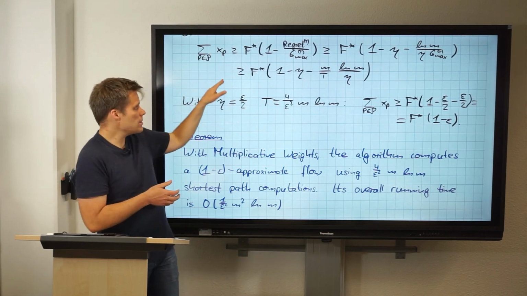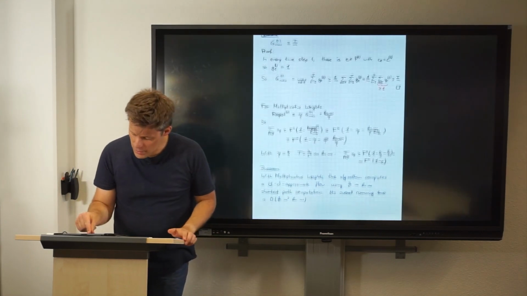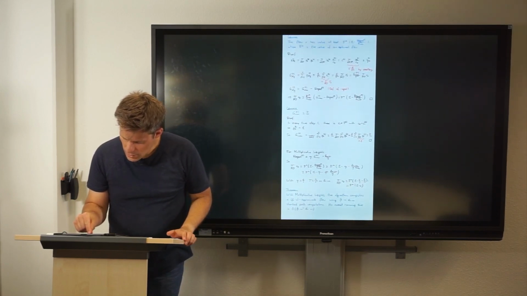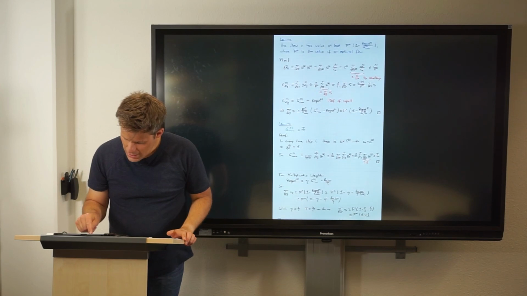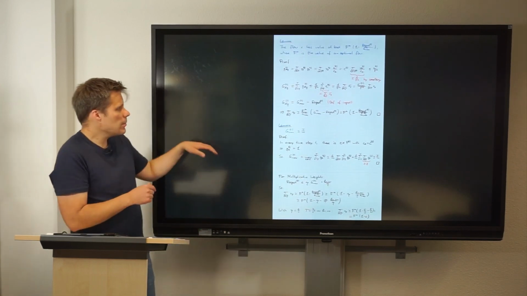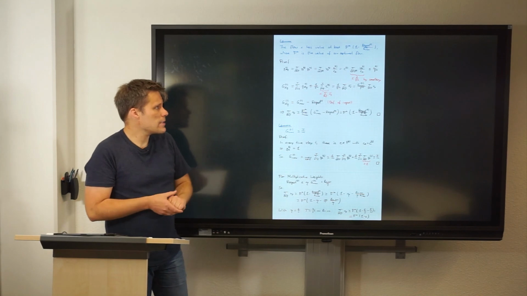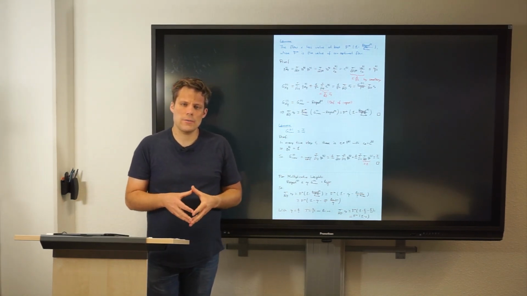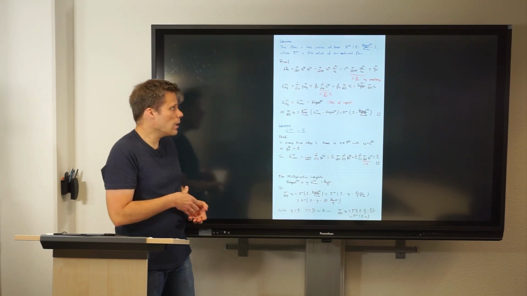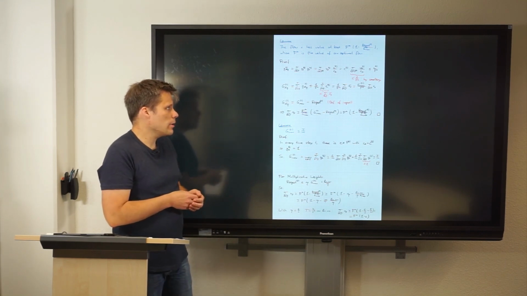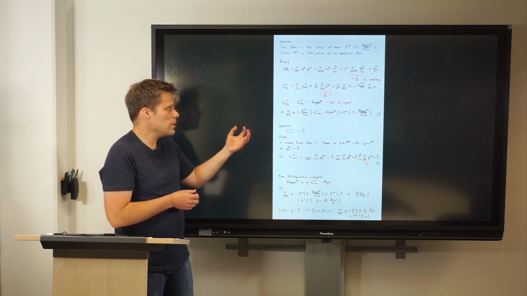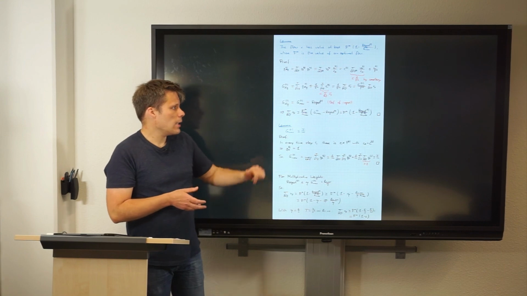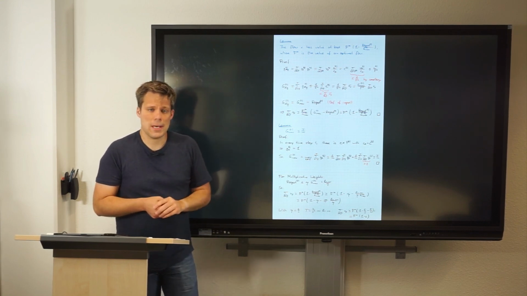And where did this guarantee come from? Well, let's zoom out a bit. This guarantee was coming from originally this lemma, which showed us a lower bound for the value of our flow that we're computing here, where we were using this corollary, and the fact that we were computing a shortest path.